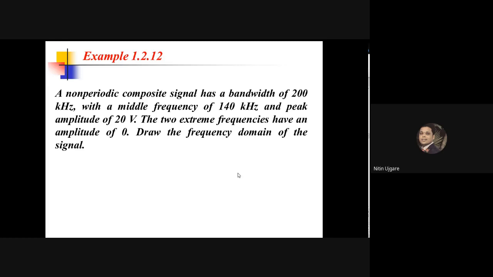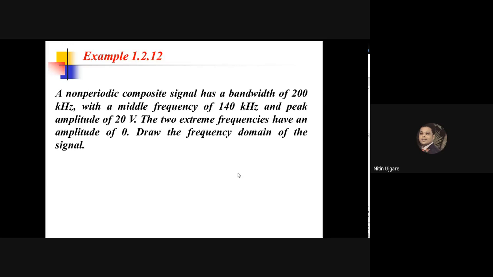So you can just imagine how your signal will look. Can anybody tell me the answer?